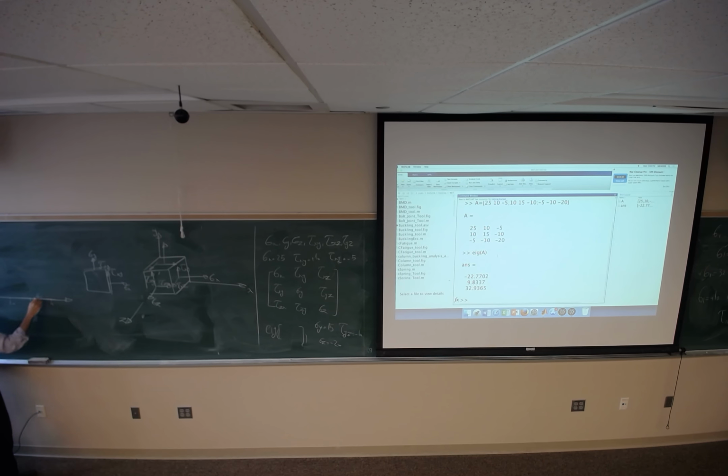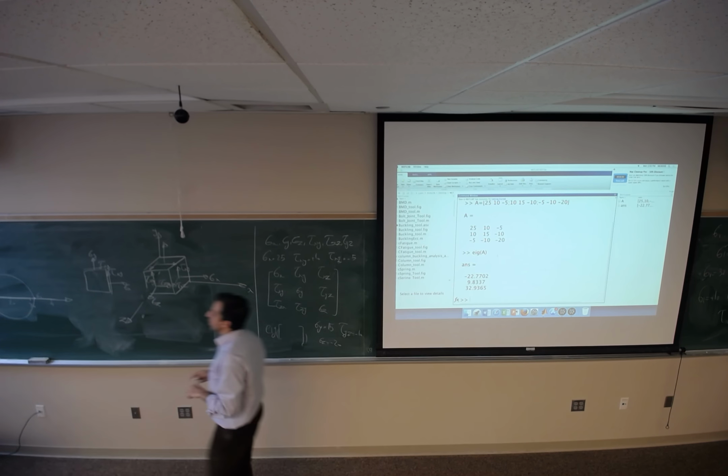Sigma 1, sigma 2 is 9.8, somewhere here, and sigma 3 is negative 22. So between each two principal normal stresses, draw a circle. Sigma 1 and sigma 2, you can connect them and draw a circle.